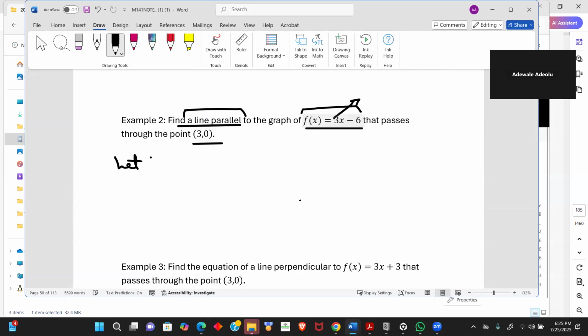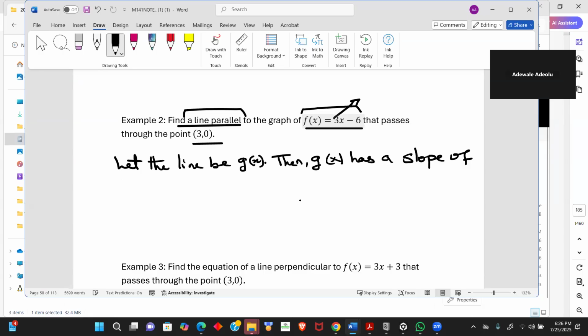Let the line be, let's say, g of x. Then g of x has a slope of what? A slope m equals 3. How do I know?